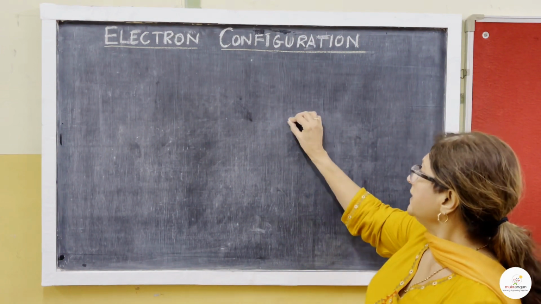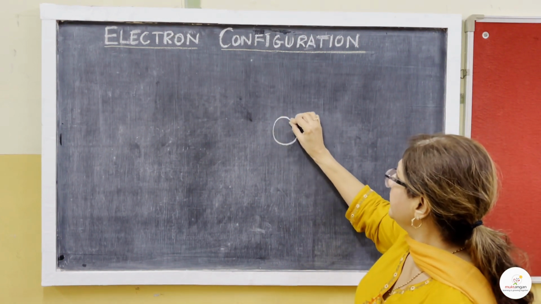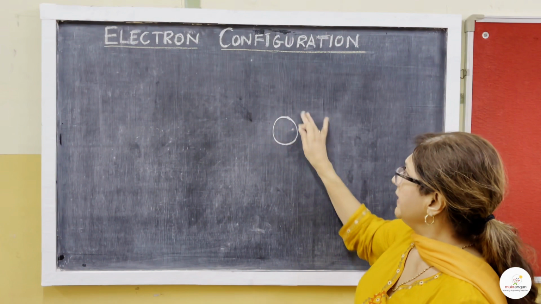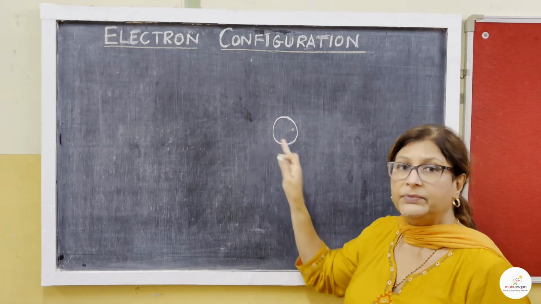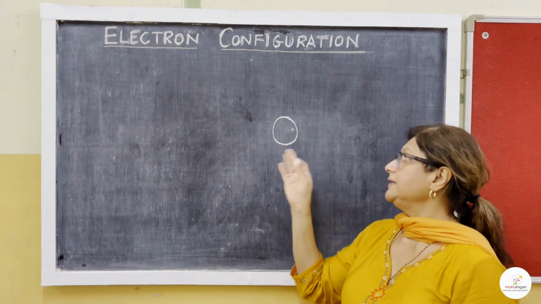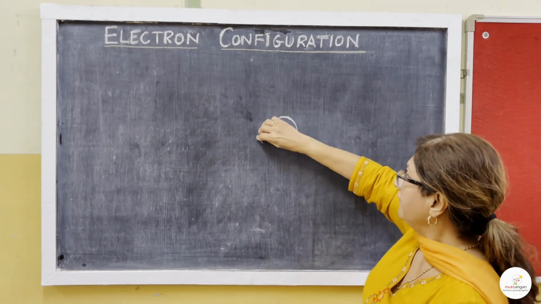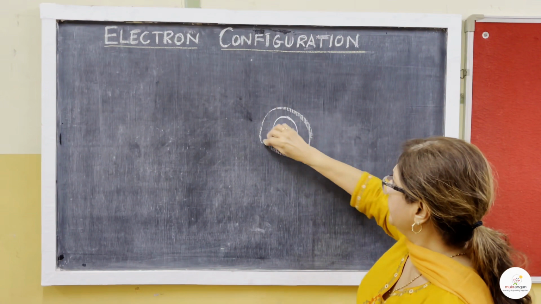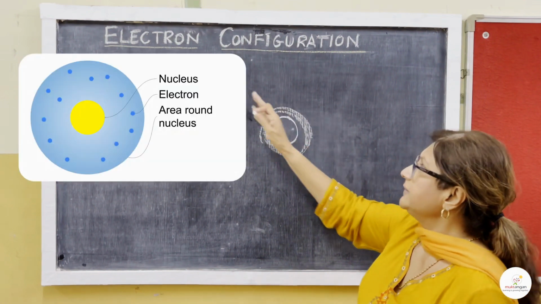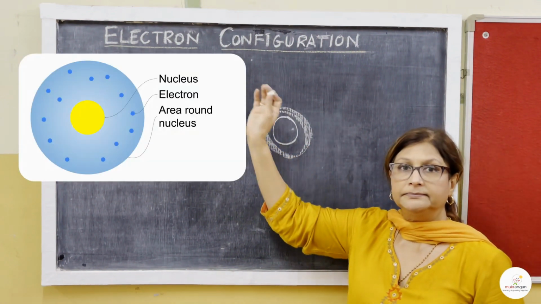It's very difficult to know exactly where the electrons are located at a given time, but we can find them here in this specific area, as you can see in the diagram.